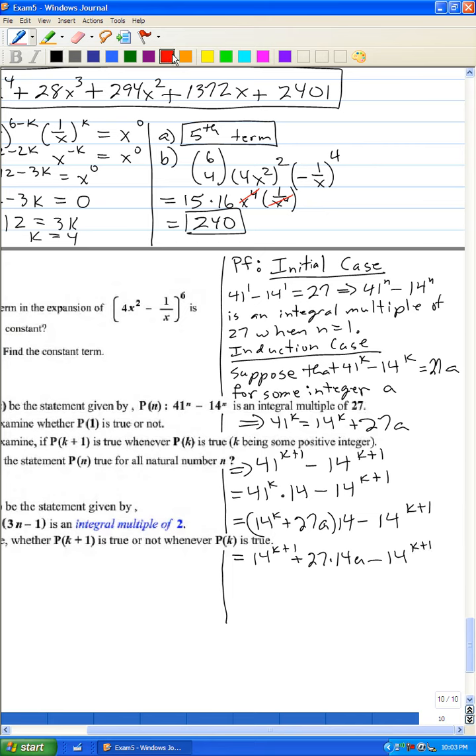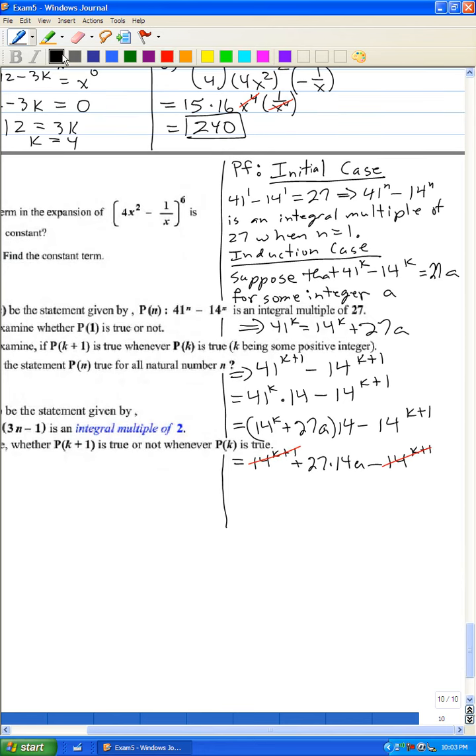Therefore, the 14k plus 1's cancel. And so I get 27 times 14a. So therefore, I have found, well, 14a is obviously an integer. If a is an integer, then so is 14a.